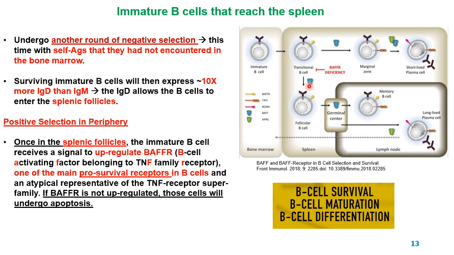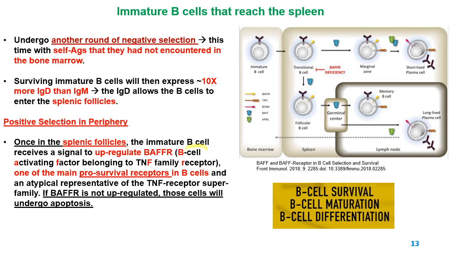When the cell goes to the spleen, it is going to get a signal to activate the production of this maintenance molecule. We call it the B cell activating factor. It's a long name, so take a deep breath here.